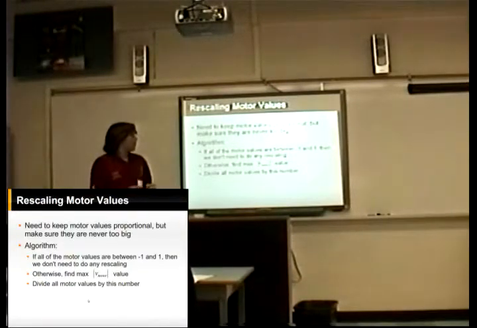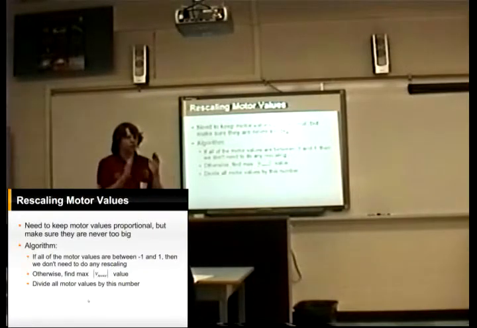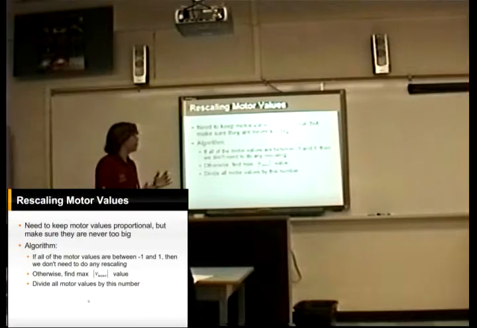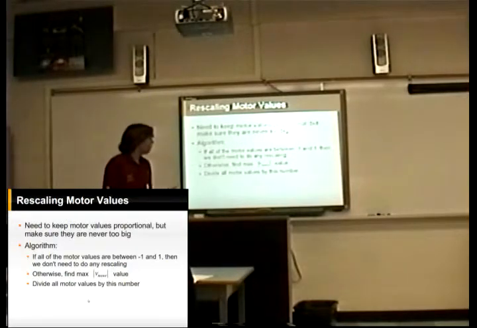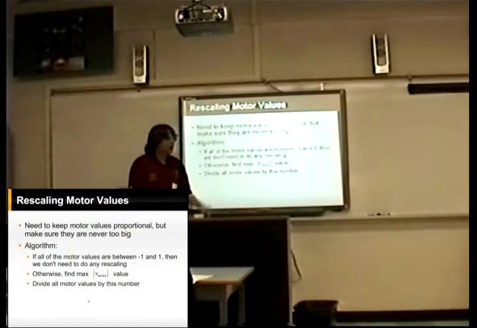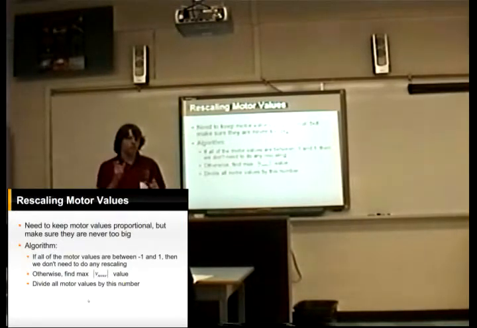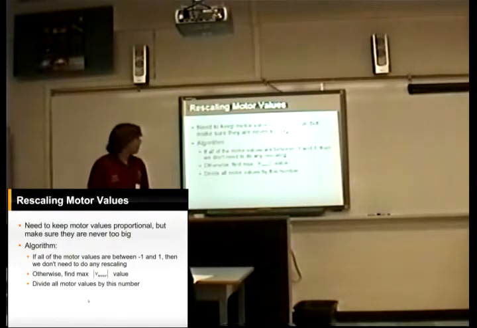So, an algorithm for rescaling the values back so they're within the correct motor range while keeping them proportional would be, first of all, we don't need to do anything if they're already in range, obviously. Otherwise, we need to find the max absolute value of any of the motors that we're trying to set. And the absolute value simply ignores negative signs. So if you have an absolute value of -100, it would be 100.